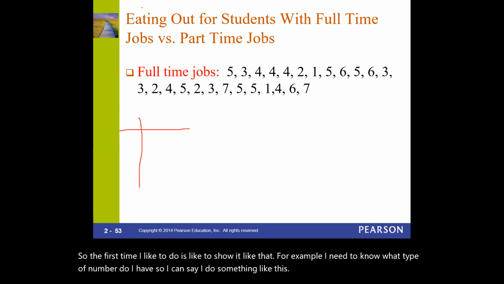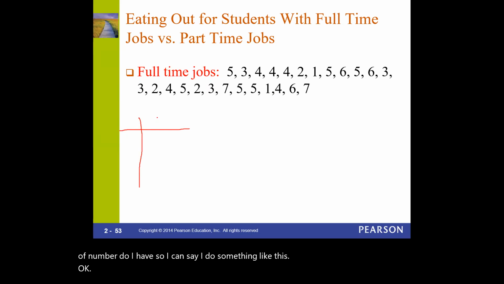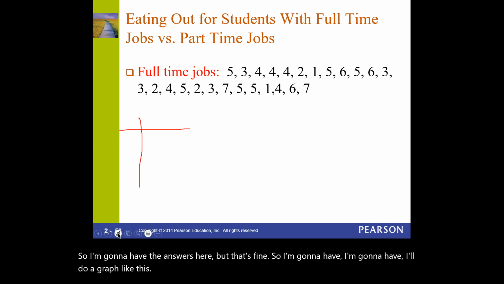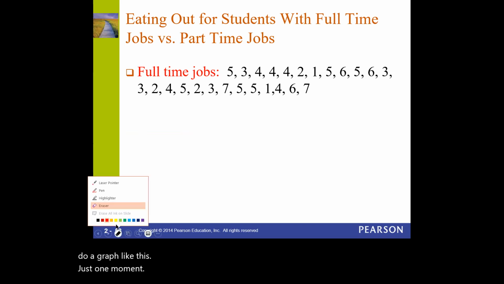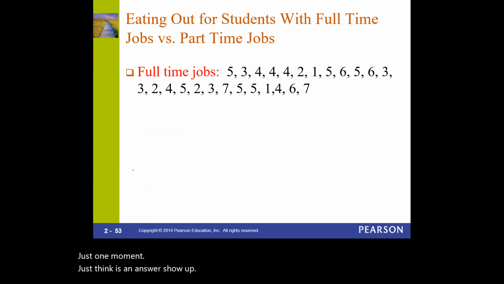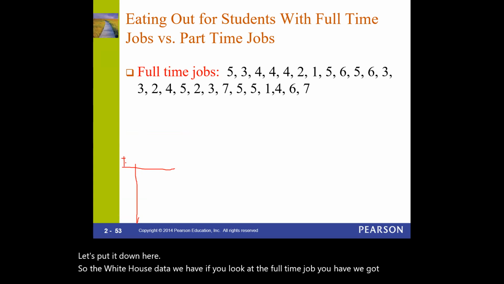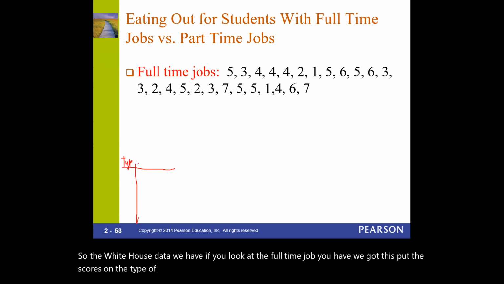So I'm gonna have the answers here, but that's fine. I'm gonna do a graph like this. Just one moment, in case the answers show up. Let's put it down here. What type of data do we have? Let's call this one the type of data, and I'm just gonna call this one the frequency.